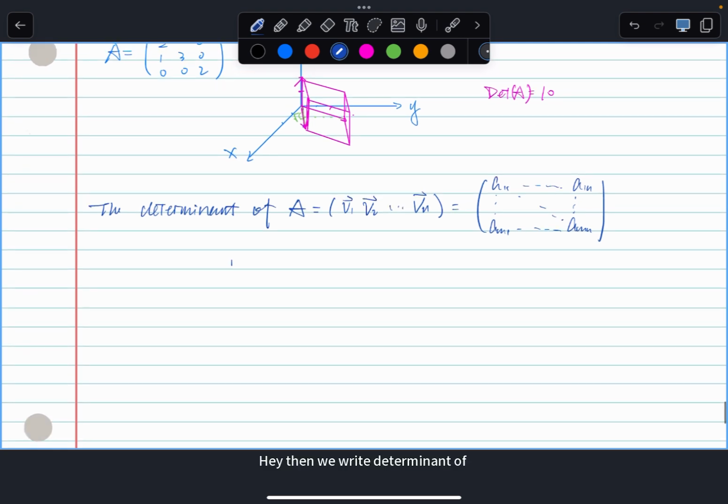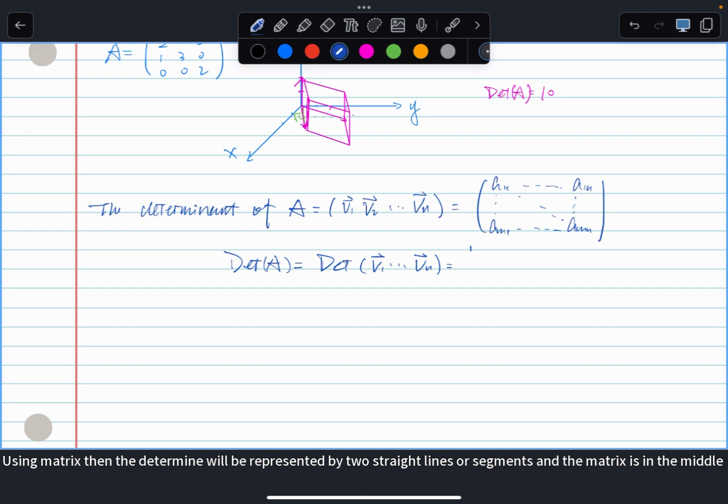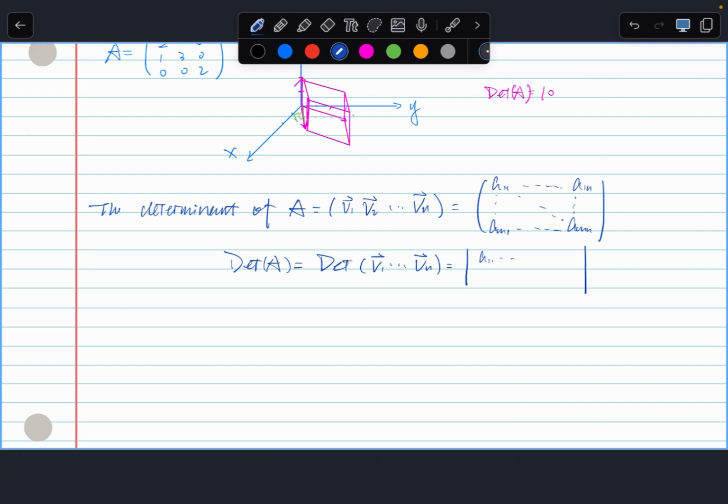Okay, then we write determinant of A. We can also write determinant of the vectors v1 through vn. And if we are using a matrix, then the determinant will be represented by 2 straight lines, and the matrix is in the middle.